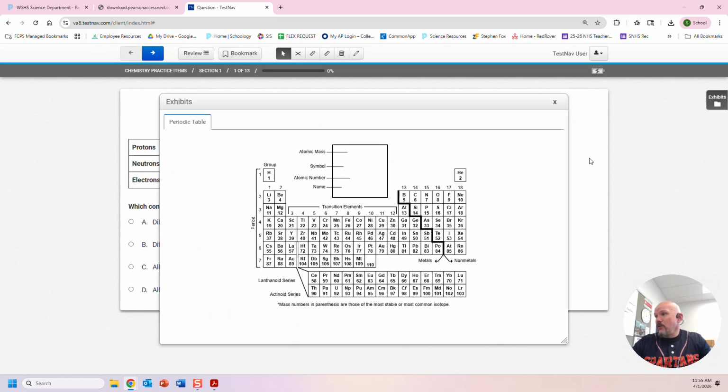And that means you go to your periodic table and you find Ag and all the information pops up in this box. So if I go to sulfur, it's telling me its atomic number is 16, its atomic mass is 32.06, its chemical name is sulfur, chemical symbol is S. So you get all your information.